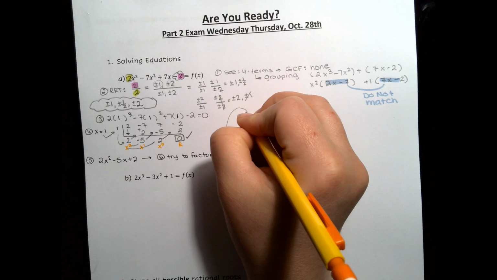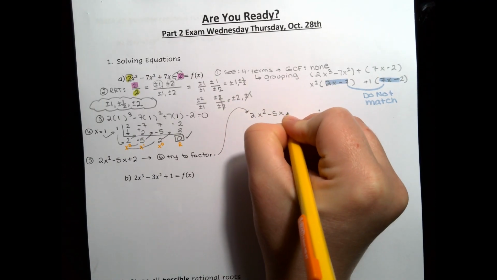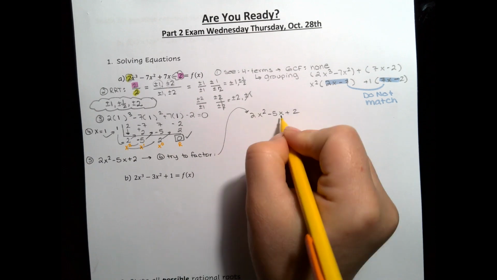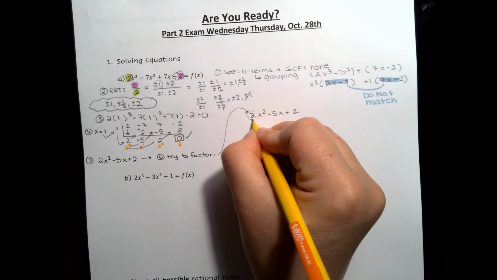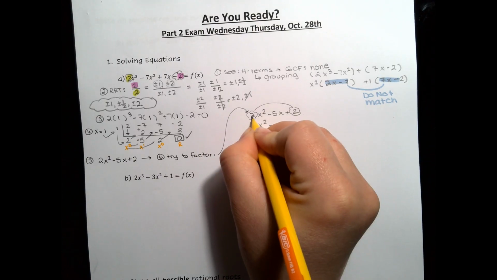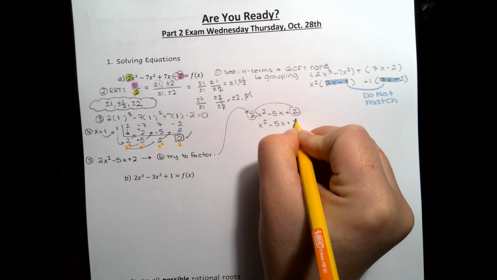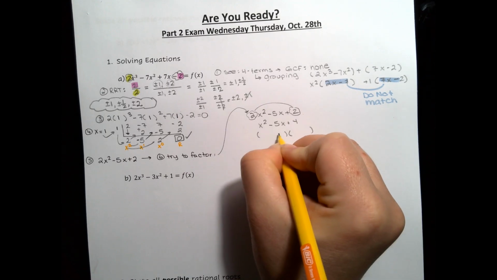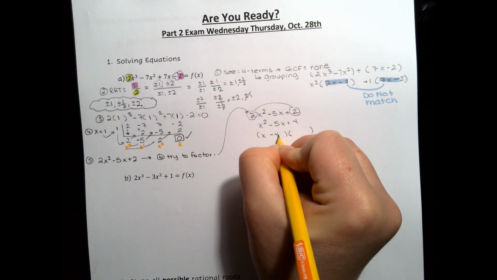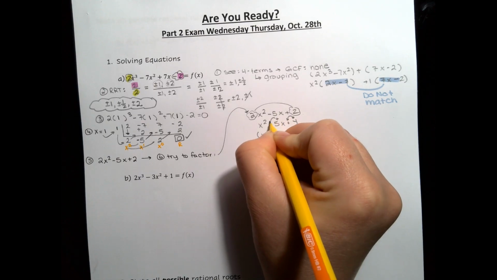I'm going to draw an arrow here just for space. I got 2x squared minus 5x plus 2. I'm noticing I have a trinomial with a leading coefficient of not 1, so I'm going to use my rainbow method, multiplying the leading coefficient by the constant. Here I see that I can get two factors of negative 4 and negative 1 to multiply to a positive 4 and add up to a negative 5.